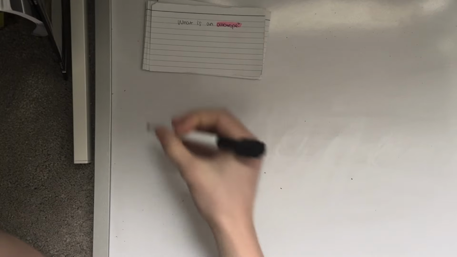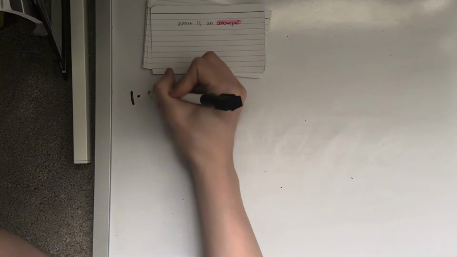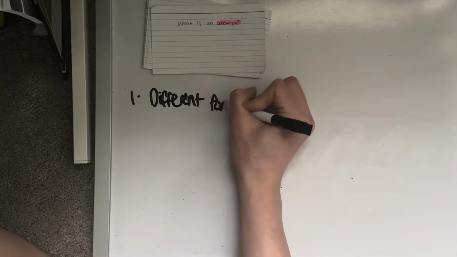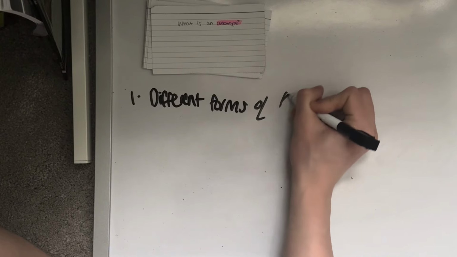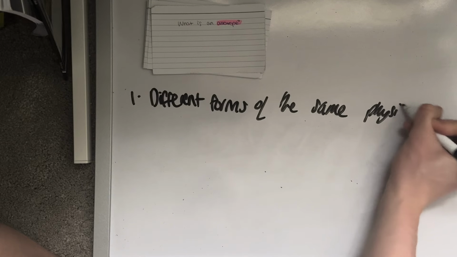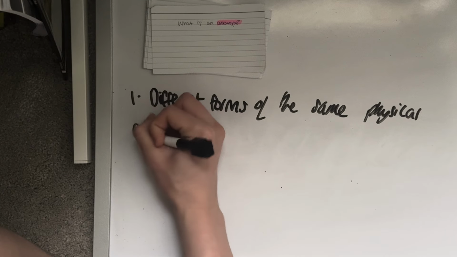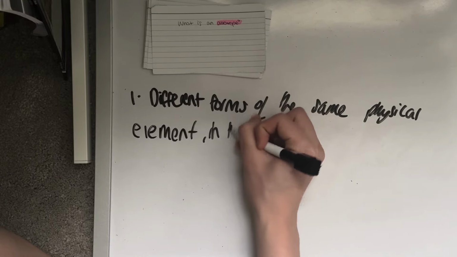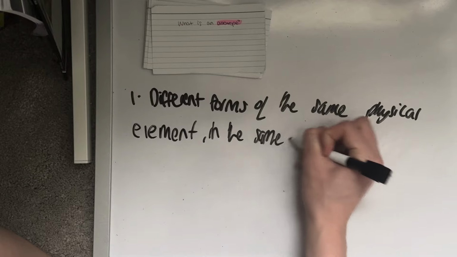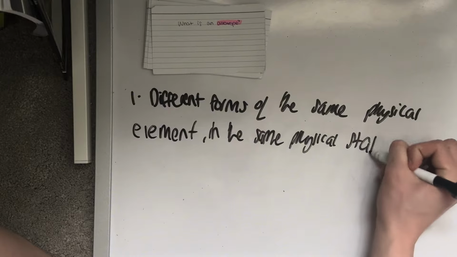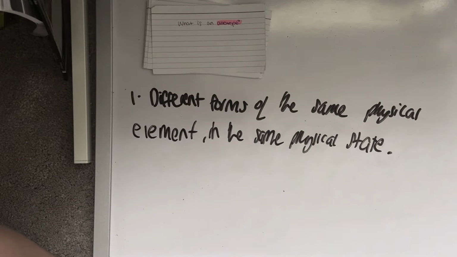So, an allotrope is different forms of the same physical element in the same physical state. Okay, so that's the answer there, right?